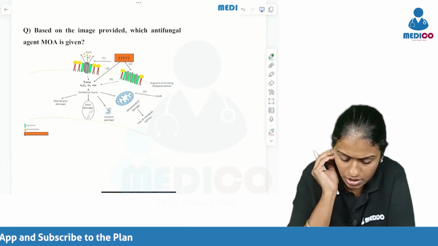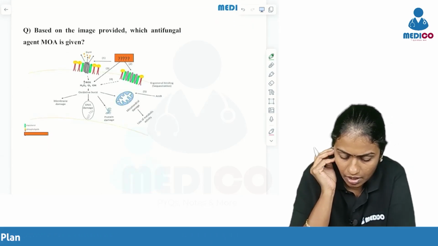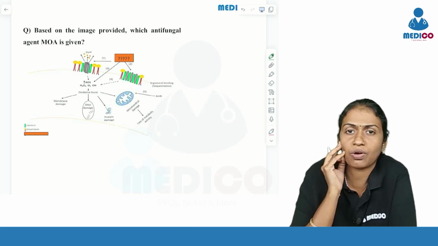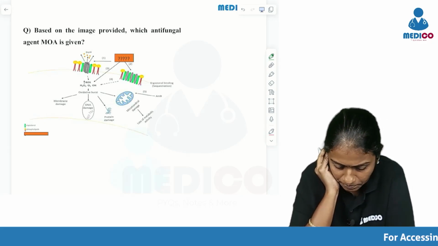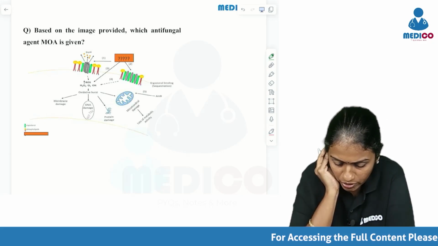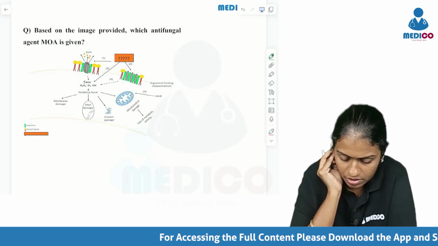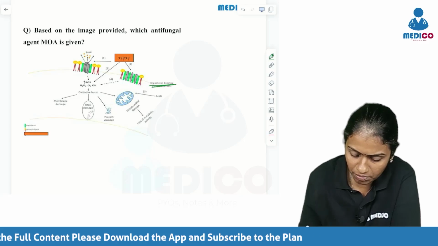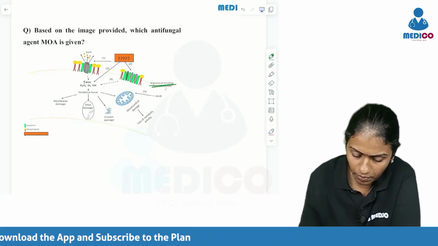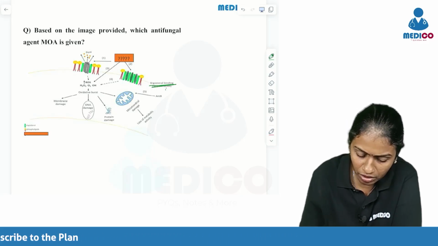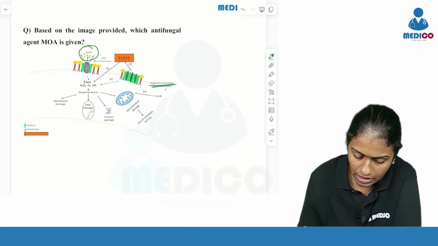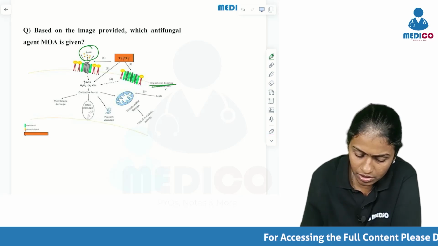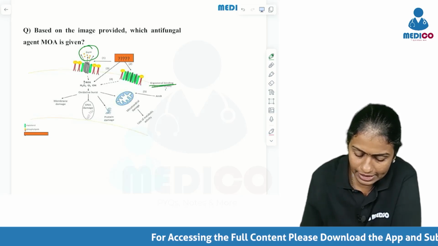Now coming to this image, which is the mechanism of action of an antifungal agent. What is being shown here is this ergosterol. This drug is coming and binding to this ergosterol, and it is forming a pore, and that has led to the entry of certain substances, and there is exit of certain electrolytes and all.